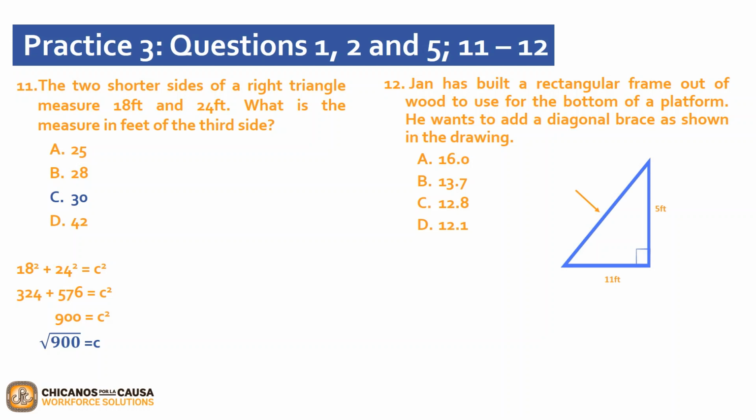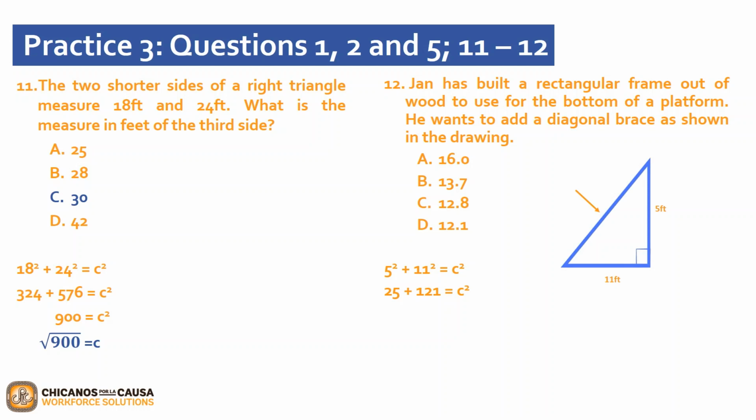So let's go ahead and replace our variables with the values that are being given. So we have 5 squared plus 11 squared equals c squared. When we simplify it, we have 25 plus 121 equals c squared.